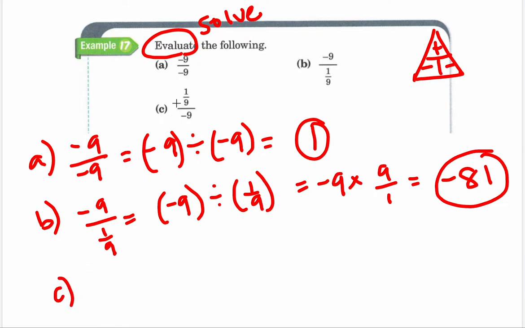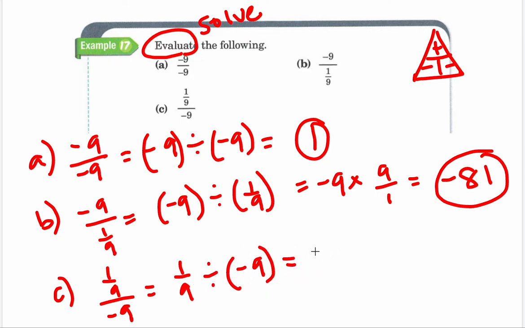So even though they wrote it all confusing looking, you're just remembering that's a division problem and rewrite it as that. Part C, 1/9 over -9. Remember, that's just division. 1/9 divided by -9. And it's a division problem, so we're going to keep, change, and still negative.